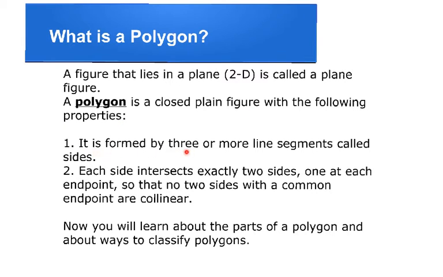It is formed by 3 or more line segments called sides. Each side intersects exactly 2 sides, one at each endpoint, so that no 2 sides with a common endpoint are collinear. Now, we will learn about the parts of polygons and about ways to classify polygons in the next few slides.